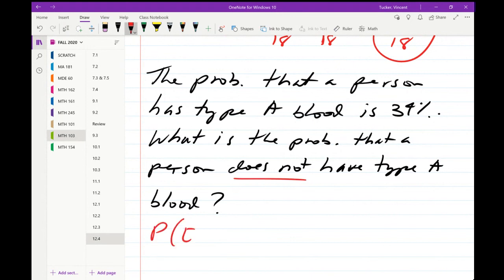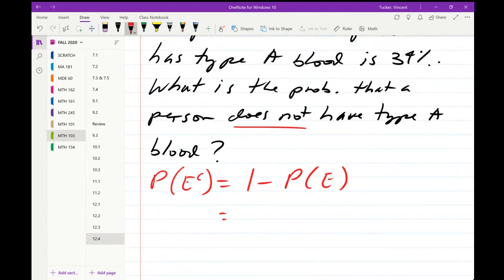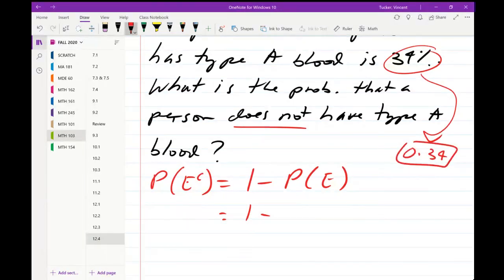So we have the probability of the complement, just 1 minus the probability of the event. And don't forget, when you calculate, you're really supposed to convert that to a decimal, which is 0.34. And that should be 0.66.